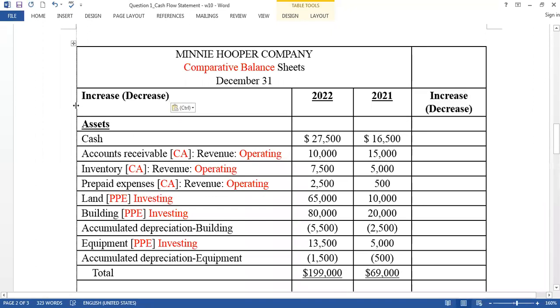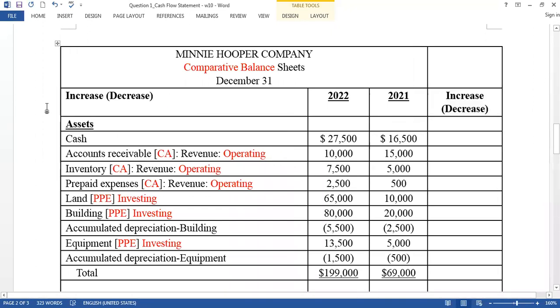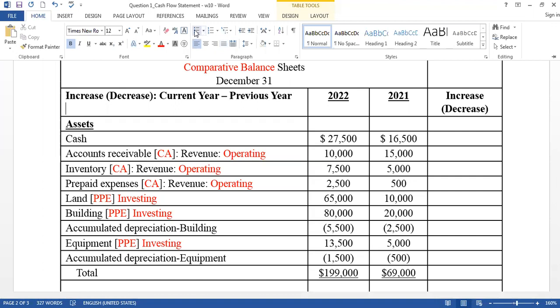The formula is current year minus previous year. We have two years of data, the current year and the previous year, so the formula is current year minus previous year.